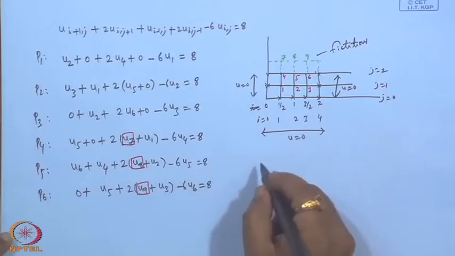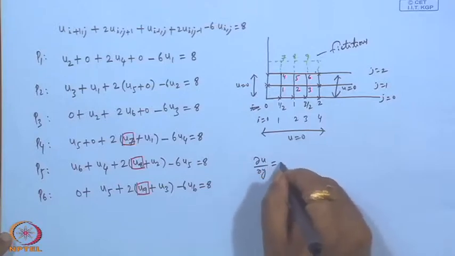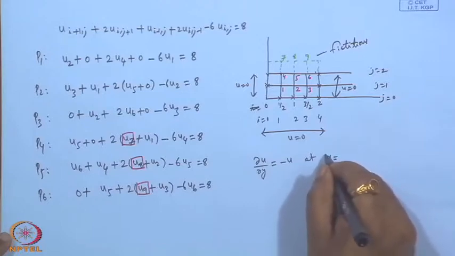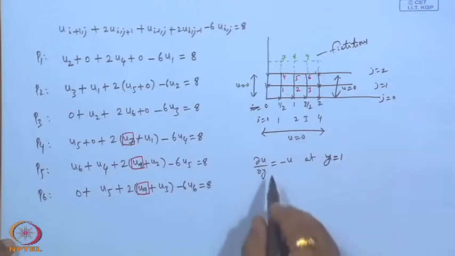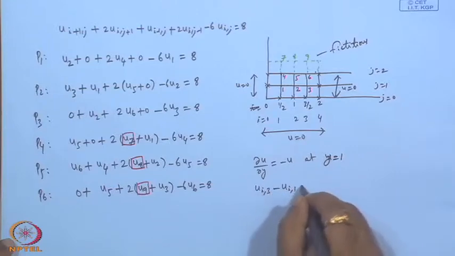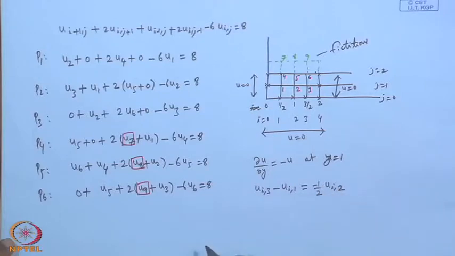So, the derivative boundary condition we have minus u at y equals to 1, okay, for all x. So, from here we discretized and we have obtained u I 3 minus u I 1, okay. So, we have to eliminate from here, okay.